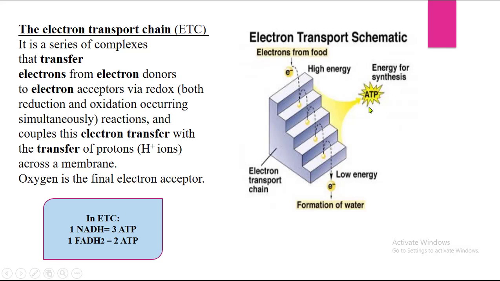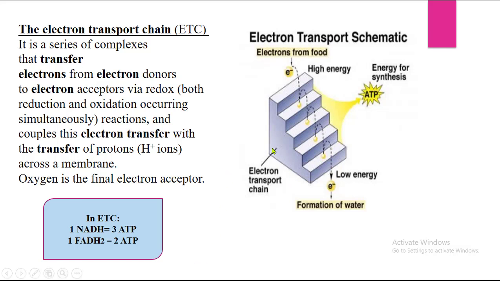This is the form of energy which the cells can directly use. Electrons move from electron donors to electron acceptors by redox, both oxidation and reduction occurring simultaneously, and this electron transport is coupled with transfer of protons across the membrane. Oxygen is the final acceptor of the electrons.